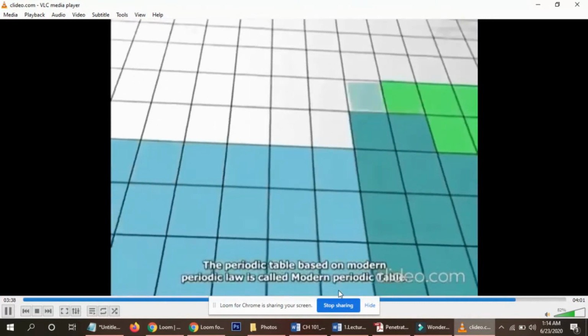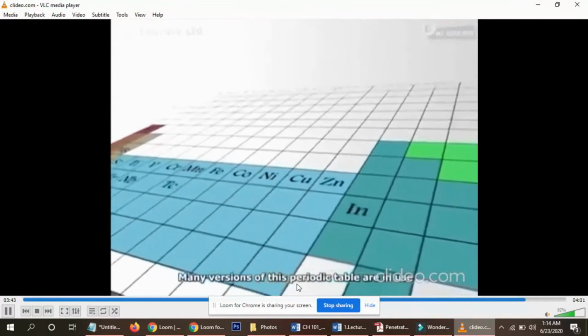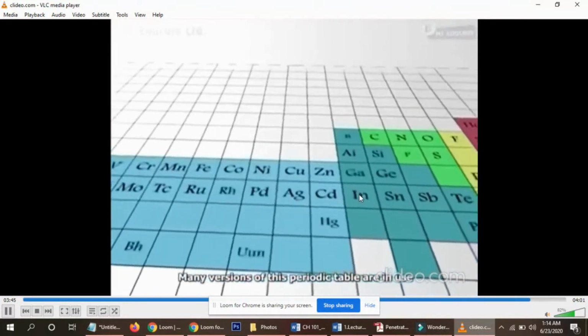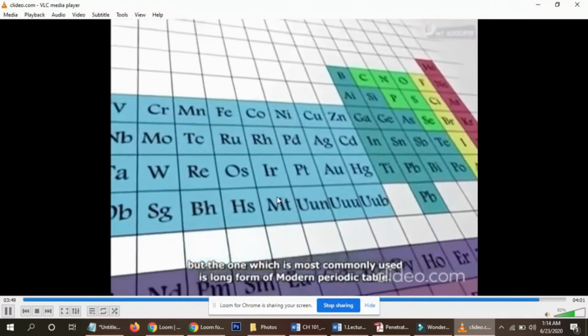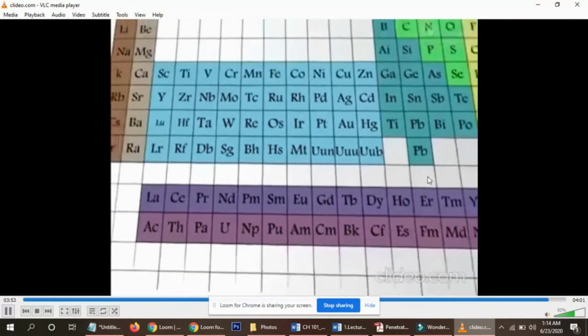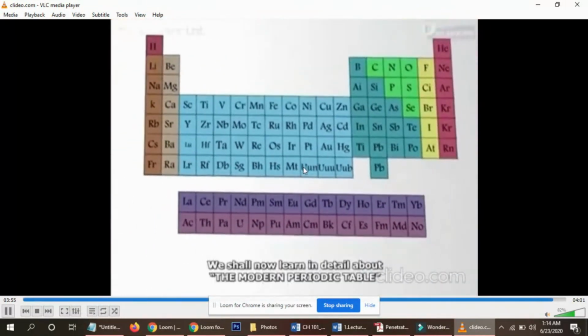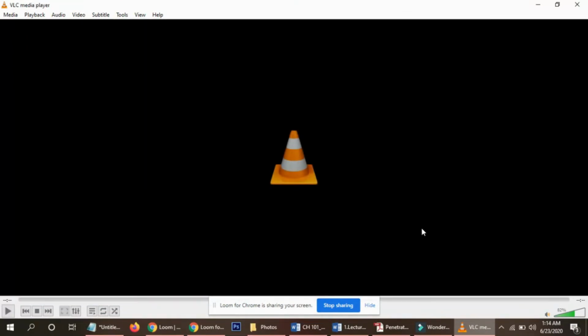The periodic table based on the modern periodic law is called the modern periodic table. Here all the elements are arranged according to their atomic number. So this is the total revision of the previous class, students, and now we will move to the next class.